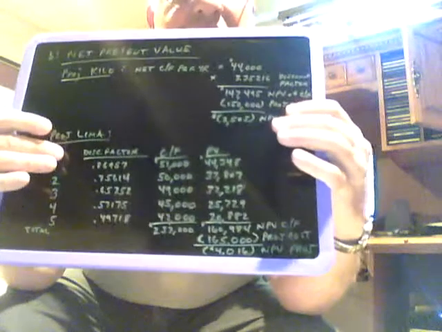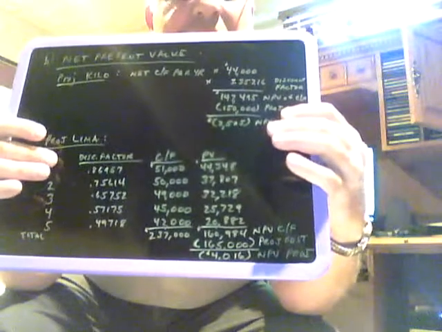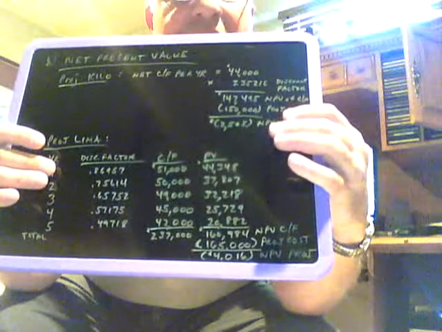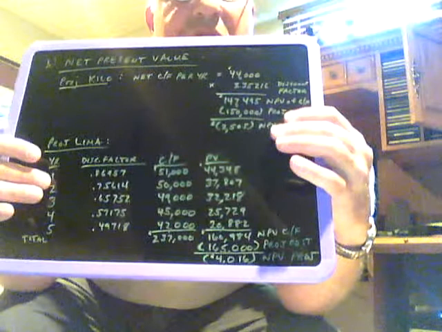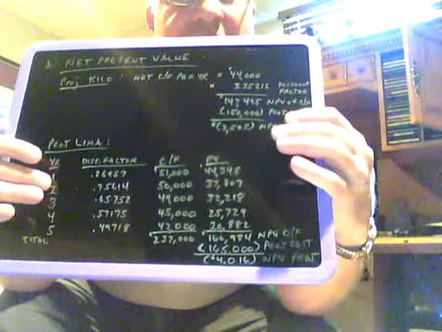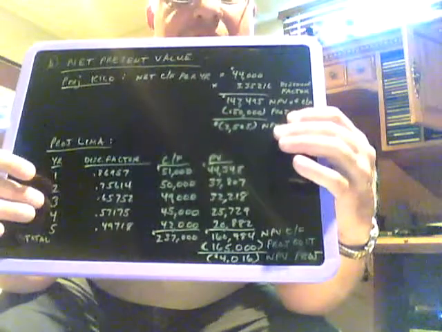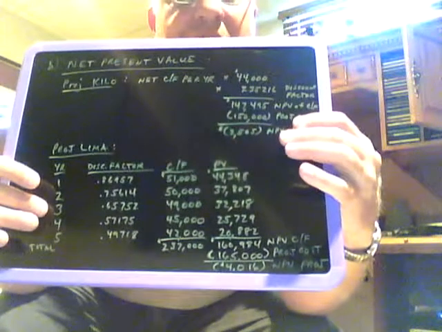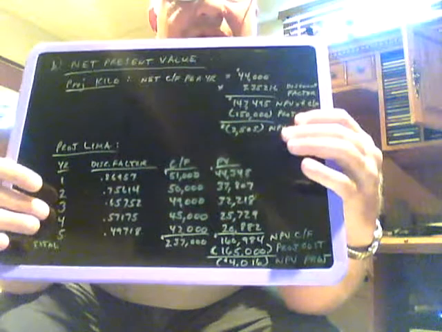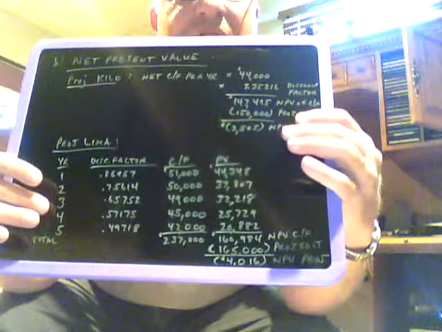And again, these would be available in a table called the present value of 1. And so these will be given to you on the exam. It's just a matter of plugging them in the right place and doing the math properly, and you should be fine. And notice how the discount factors decrease over time.